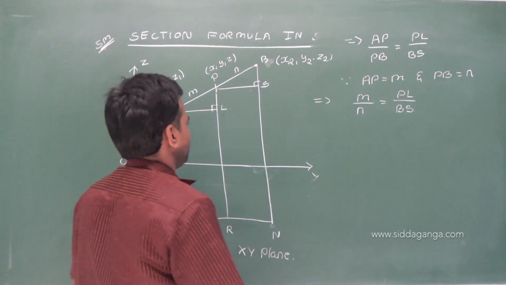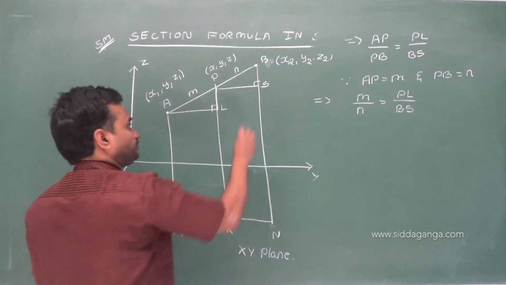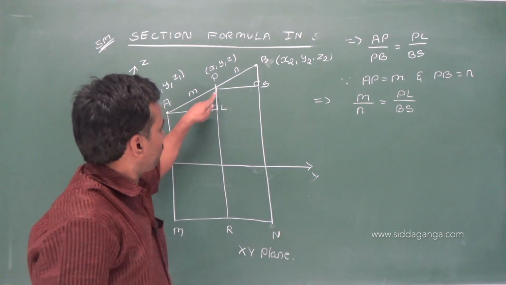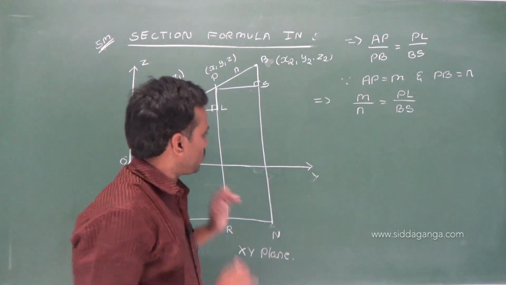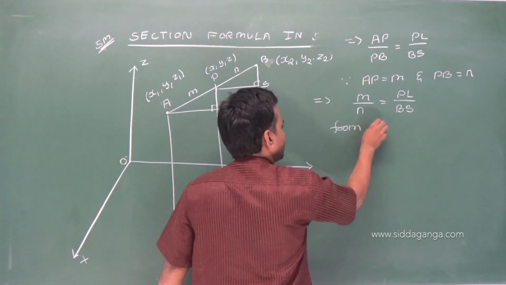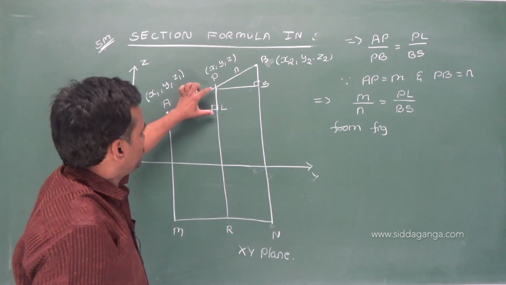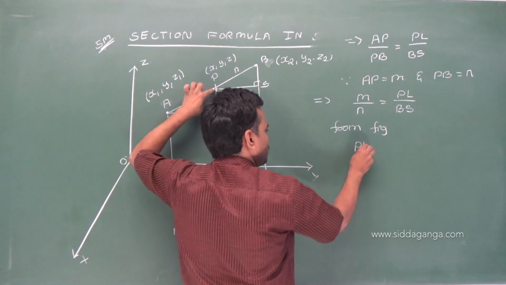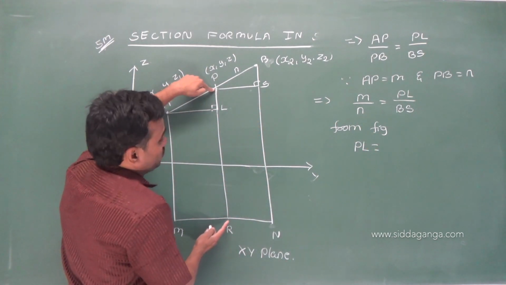PL divided by BS. Now we find the value of PL and the value of BS, and after finding, substitute here. Observe carefully. From figure, one by one I will take. PL, already discussed, is the distance between 2 points.